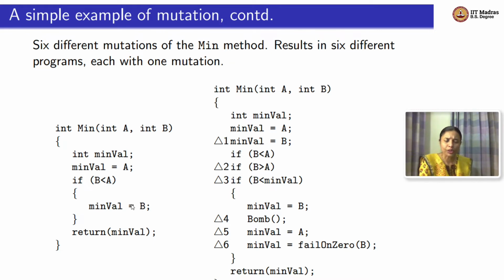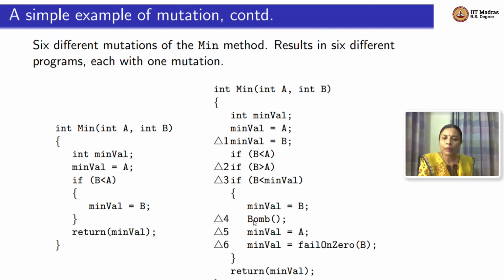The fourth mutant is, instead of this statement inside the if statement, min_val equal to b, write a special statement called bomb. So what does the word bomb statement mean? I mean, these terms are catchy, so don't worry about why these terms are like this, killing, bombing and stuff like that. They're just standard jargon in mutation testing.